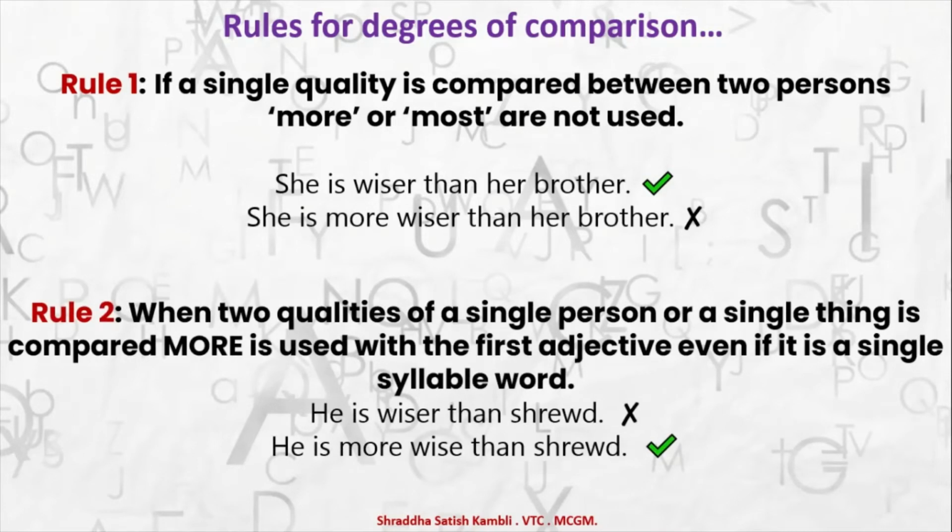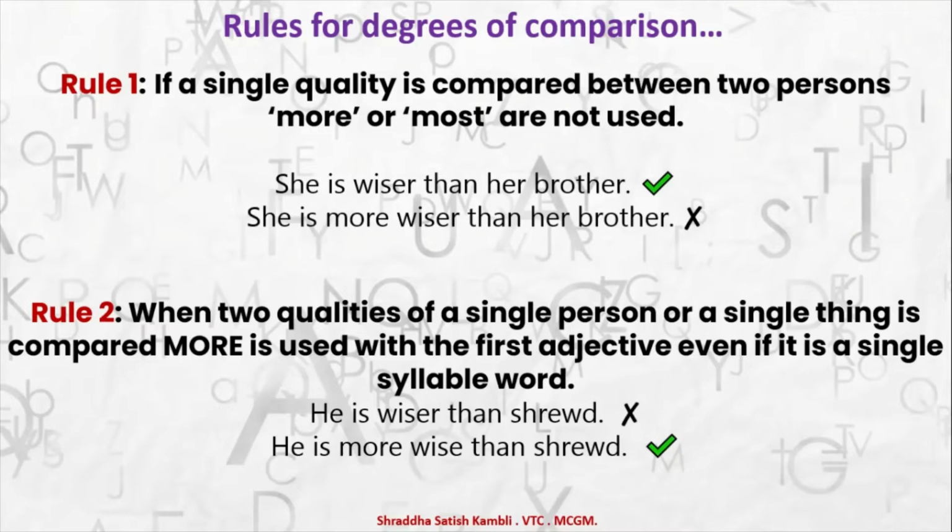Alright, coming to rule number 2. When two qualities of a single person or a single thing are compared, more is used with the first adjective, even if it is a single syllable word. Now we will leave this syllable thing aside and we will focus on the other part of this rule. When two qualities, see, in the previous rule we compared one quality of two persons. Here we are going to compare two qualities of a single person.